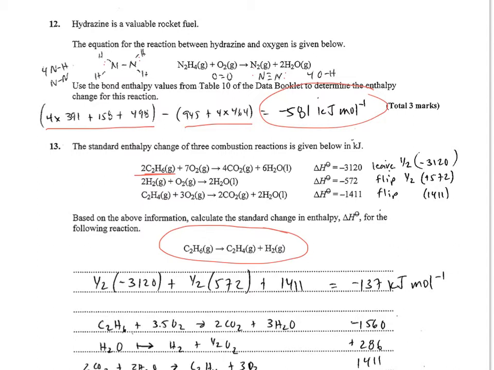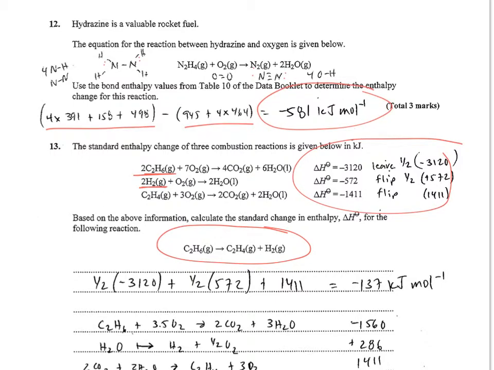The H2 is what I need, and I need it on the other side. So now I think I'm going to have to flip this equation and probably cut it in half. So this is going to be a positive 572, but half that value. And then C2H4 also needs to be flipped, but it appears to be the correct value. So that's what I think I'm going to do with each equation.